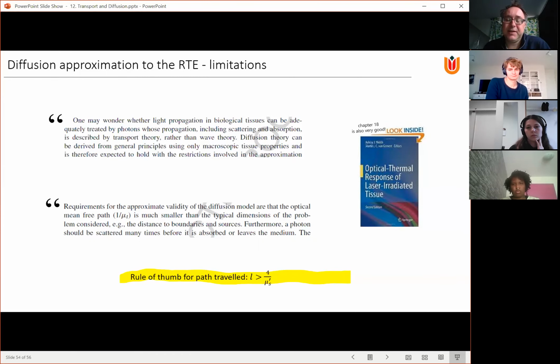It's given by this, so at least 4 times the reduced scattering coefficient. So if you have light entering at a location here, then only when the photon has traveled at least this distance, you can reasonably assume that you can use this diffusion approximation to describe the propagation.